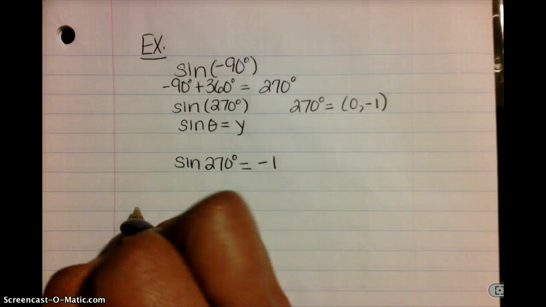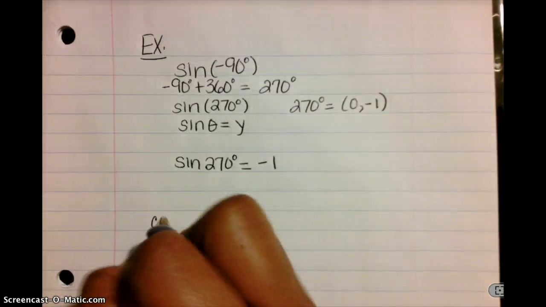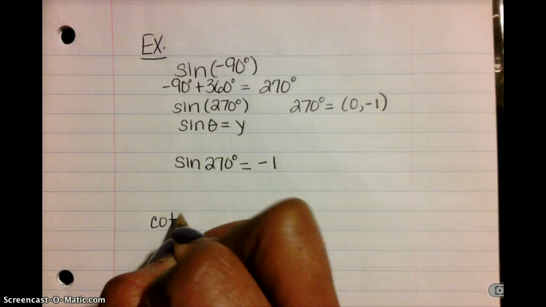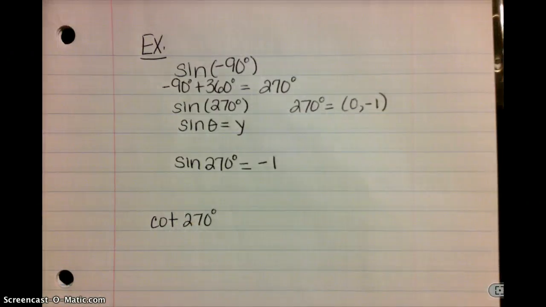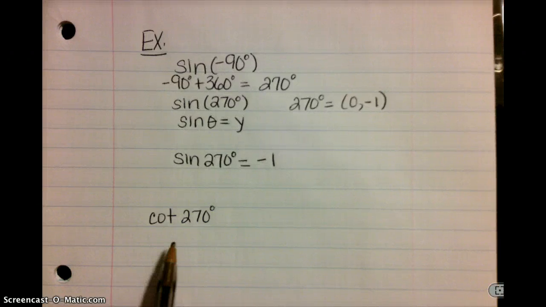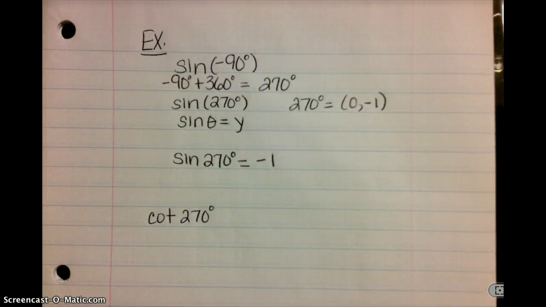All right, for your second example, we're going to look at the cotan of 270 degrees. Okay, well, your angle is positive and it already falls between 0 and 360. 270 is a quadrantal, so you don't find a reference angle for a quadrantal.